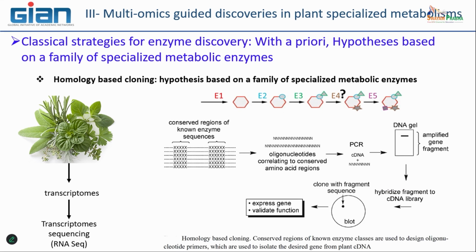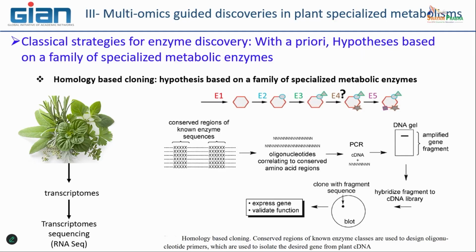On the other side, you have an idea of what the different modifications of a precursor are that lead to the final molecule. And you know that you have several enzymes that catalyze each step of, for example, this portion of a metabolic pathway. You can imagine here, you know the first one, second and third one, and the last one, but you don't know this enzyme.